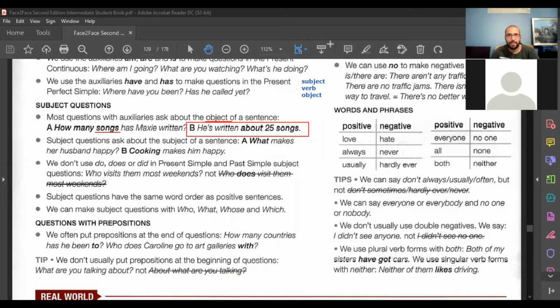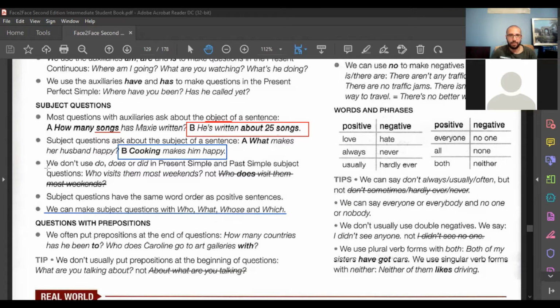There's an easy way to know it. Subject questions start with what, who, like this. This is one thing. We can make subject questions with who, what, whose, which. But there's an easier way to spot a subject question.